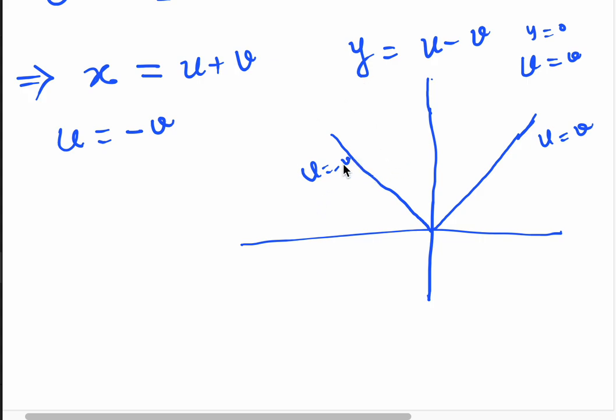So the variable u should lie in this region.